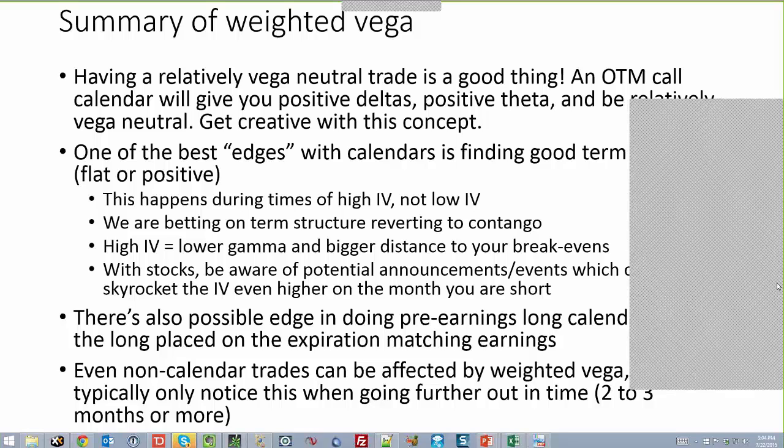Now, I don't know if you noticed, if any of you were looking closely at that one that was up a crazy amount. It was slightly out of the money, not at the money. This was for when IV was sky high and we were expecting the backwardation to go back to contango. I didn't want to get too deep into the Greeks, but there's another Greek called Vomma.